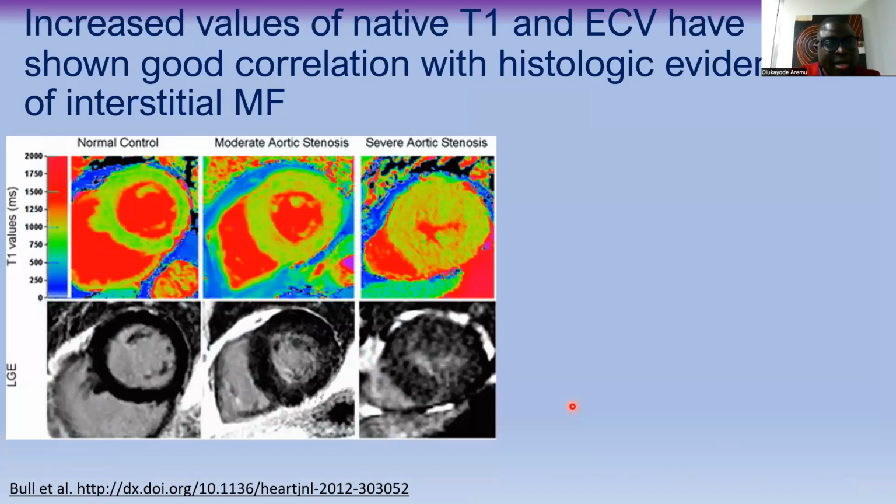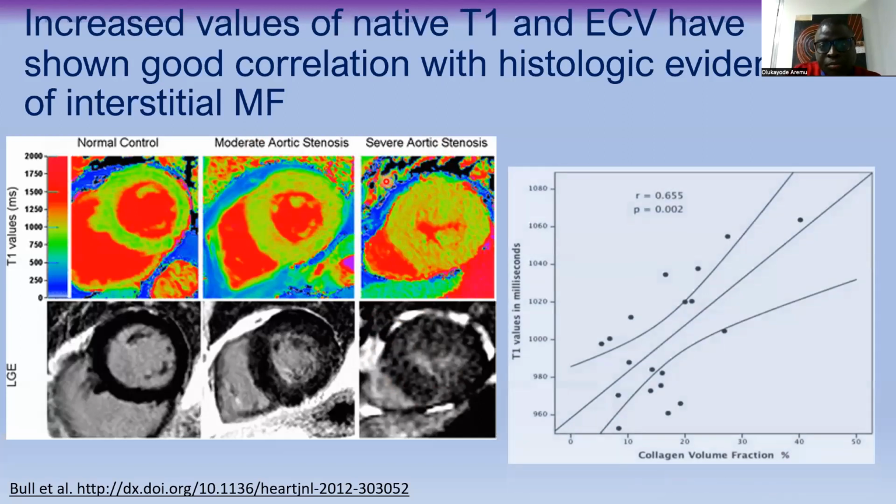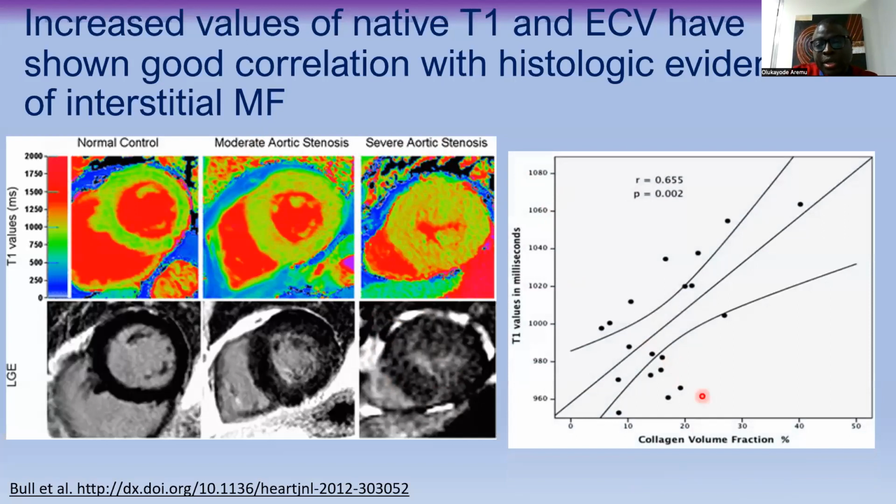On this palette, you see the normal control from the left, and you see moderate aortic stenosis, and you will appreciate that there is severe aortic stenosis here, shown on LGE, and it really shows high T1 values in this place. Sorry about that. So this is the correlation that I'm talking about.